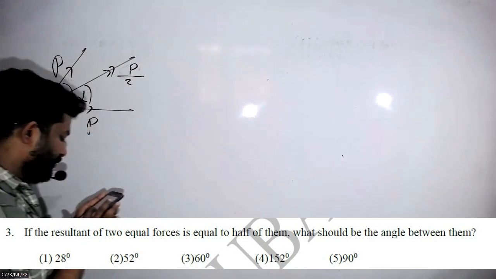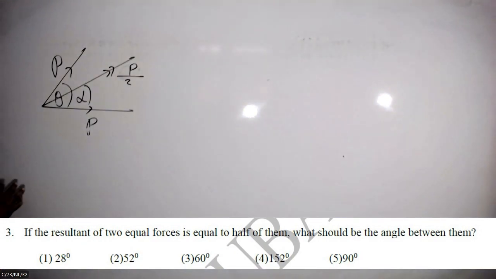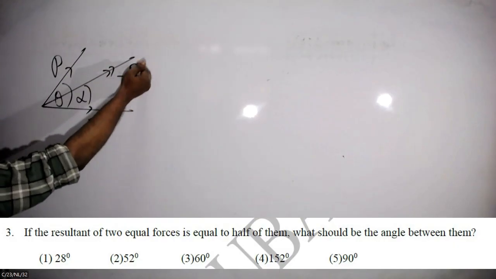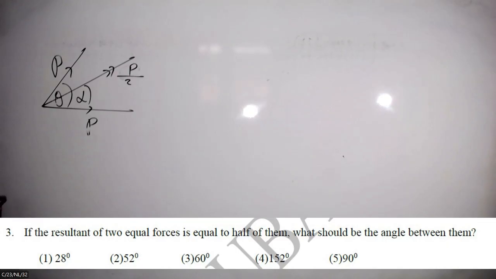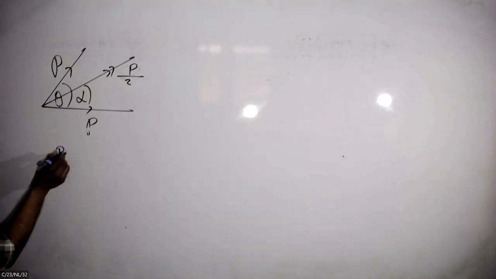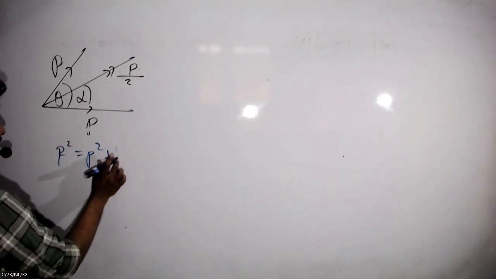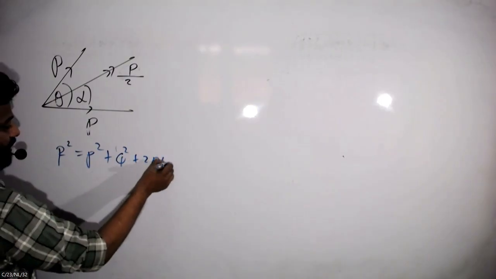If the resultant of two equal forces is equal to half of them, the magnitude of the two forces are equal and the resultant is equal to half of them, P over 2. Then you can substitute this value into the equation to find the angle between the two vectors, theta. Let's see the answer. R squared is equal to P squared plus Q squared plus 2PQ cos theta.